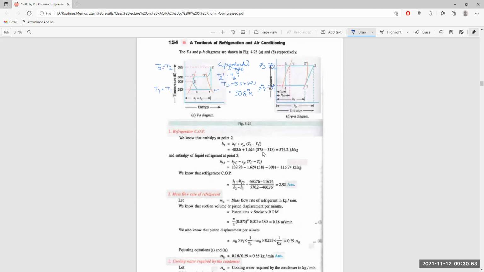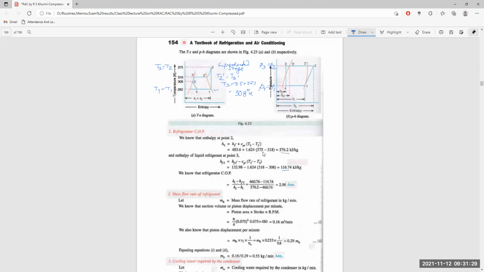Now the enthalpy of the liquid refrigerant at point 3, HF3, is equal to HF3 dash minus, because it is cooling, CPL, the specific heat of the refrigerant in the liquid state, multiplied by T3 dash minus T3. All of this is given and put here to get the enthalpy HF3 equal to 116.74.